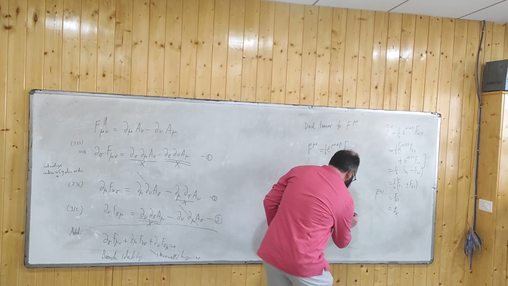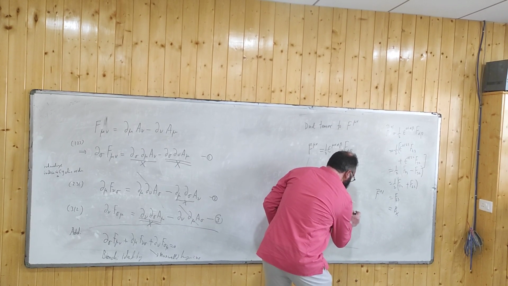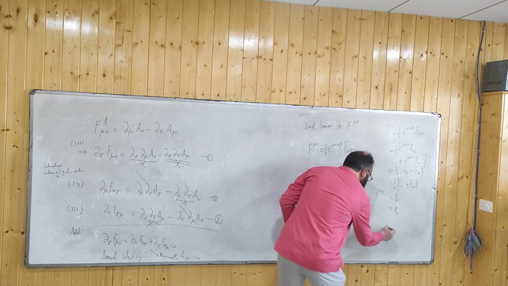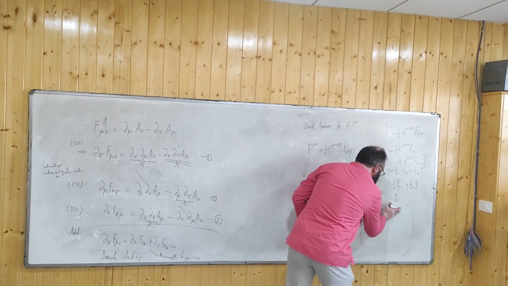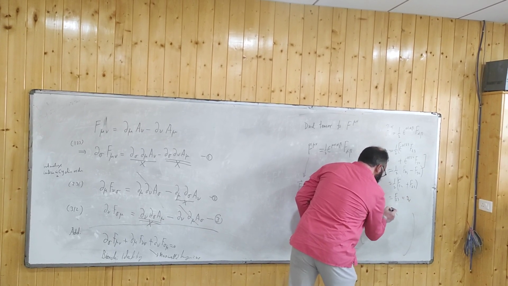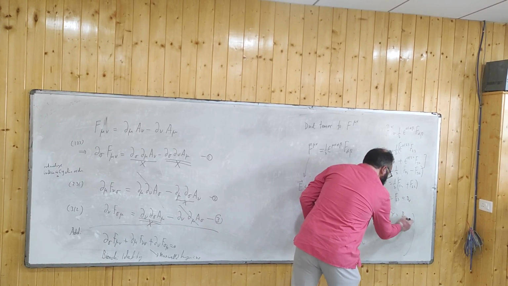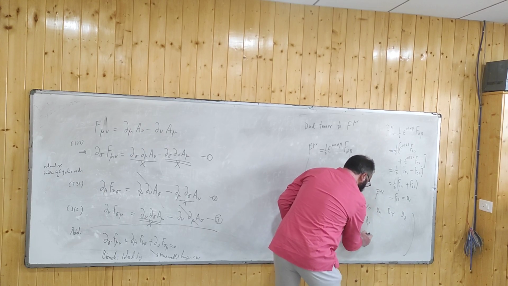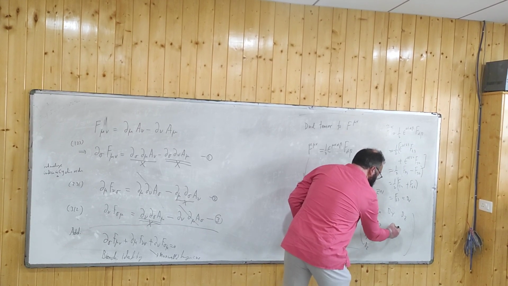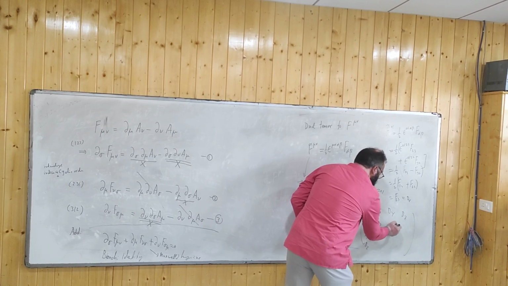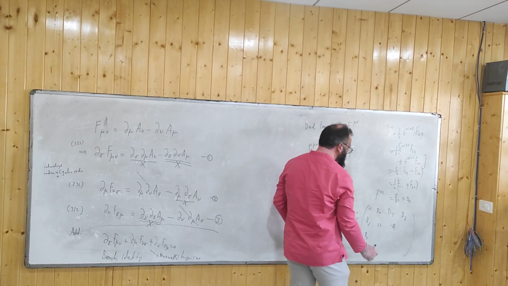So it will be like this. F tilde mu nu will be like this object. First the entries are 0, then you are in BX, BY and BZ. Then you are in 0. What is it? Minus B. So it will be what? Anybody?